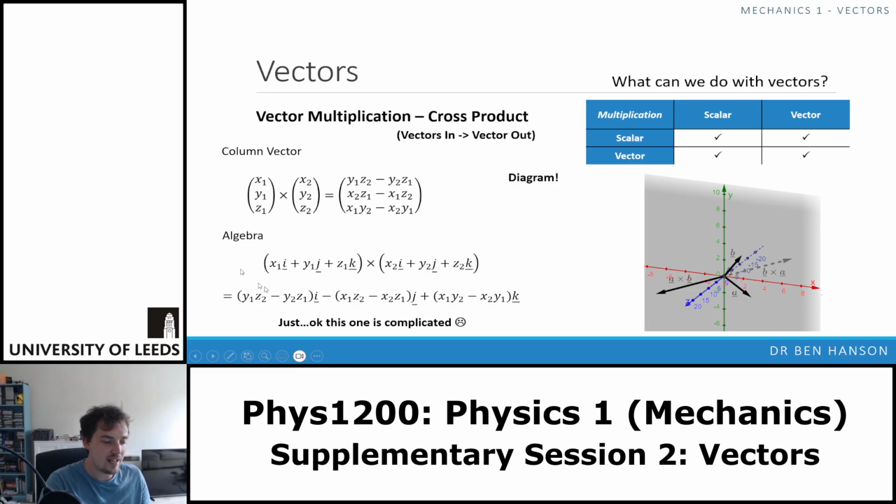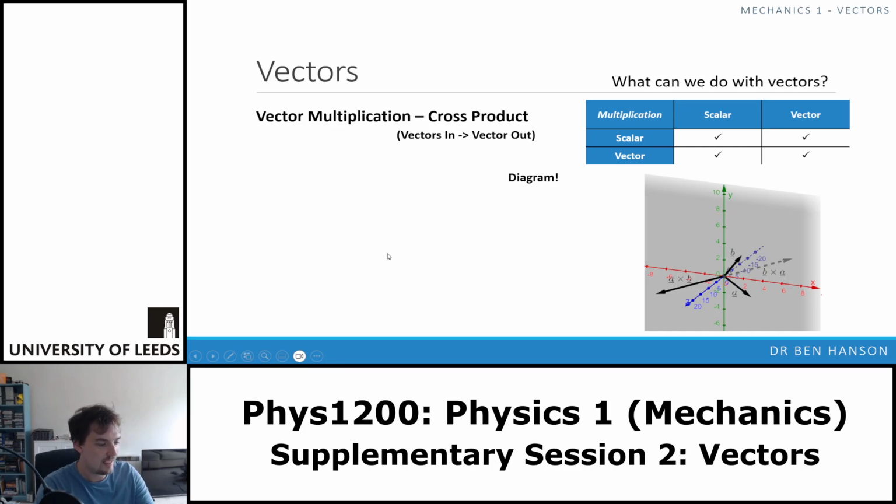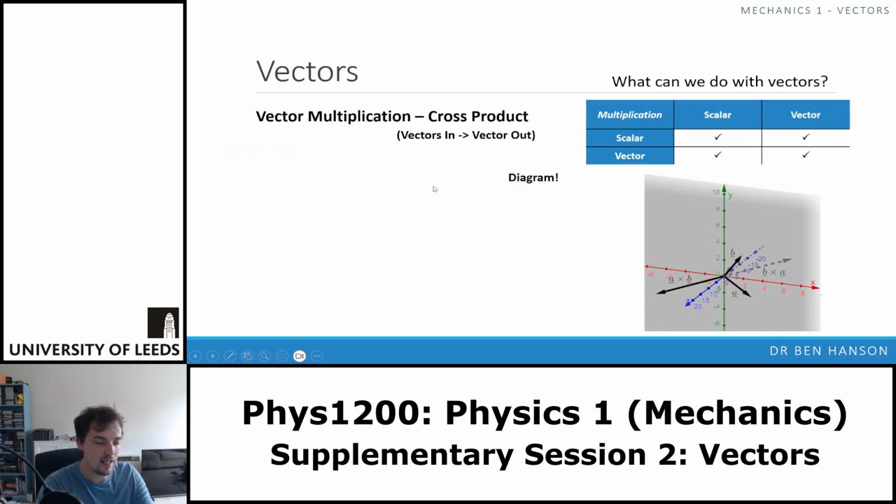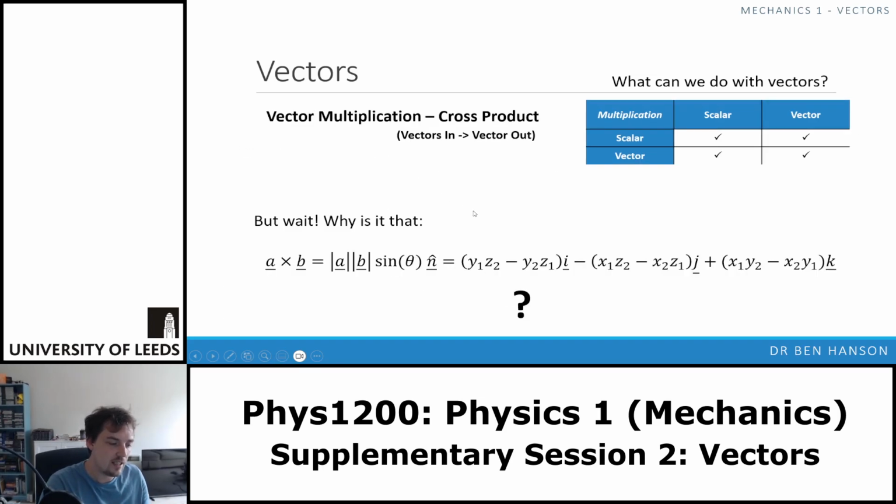But the reason that the algebra works out like this, and that this is exactly equal to this, is a little more complicated than the dot product one. You need matrices to do it. So I've said, but wait, why is it that A cross B equals this? Why is that the same?